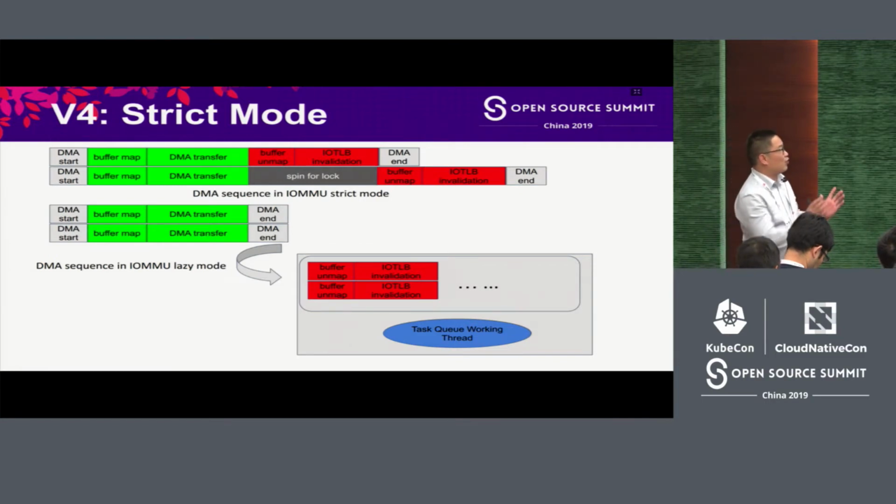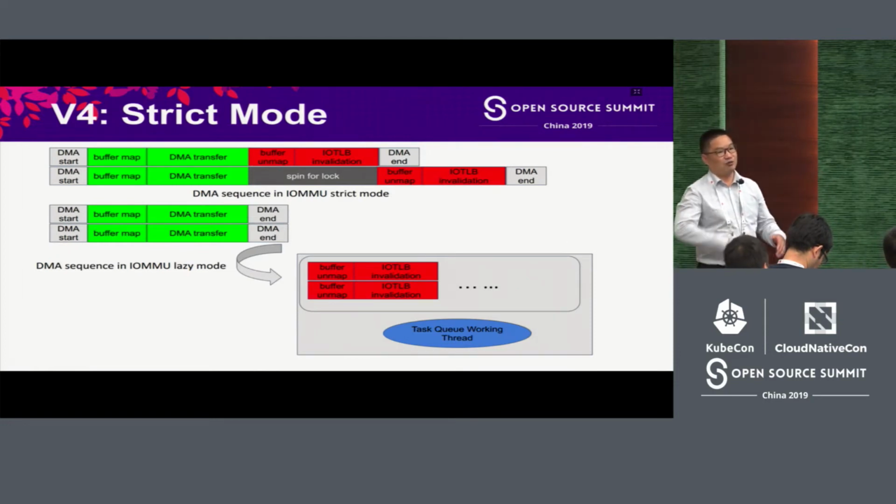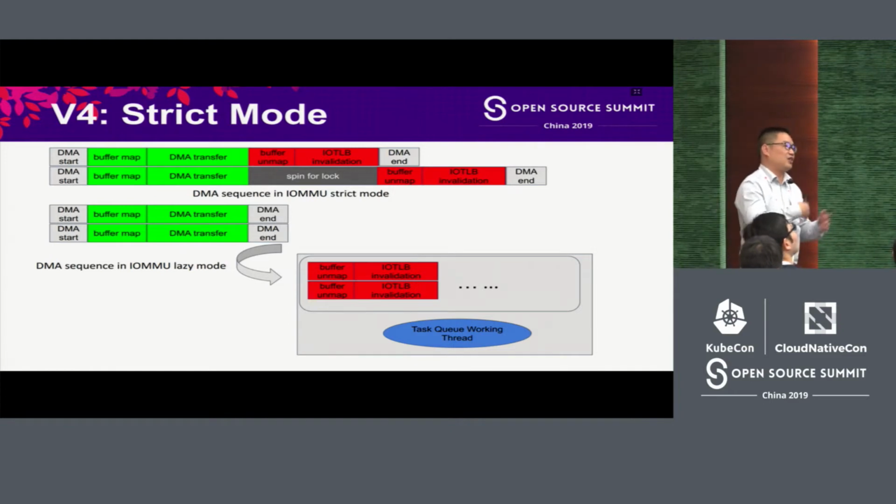Currently for all these devices, the buffer unmap and IOTLB invalidation can only have one at a time. Only one at a time. And we have this proposal.